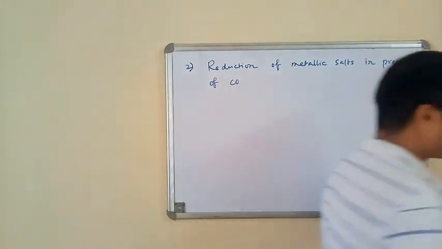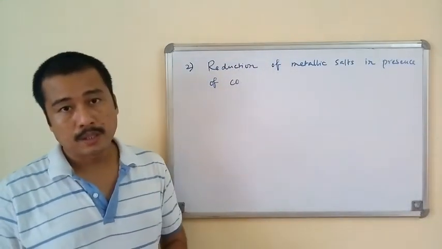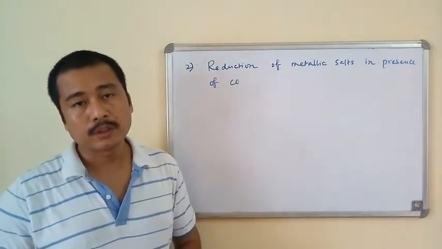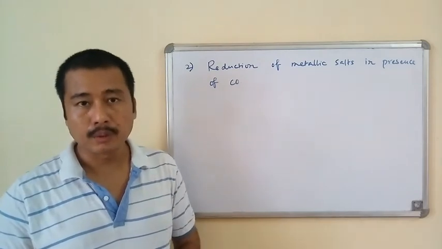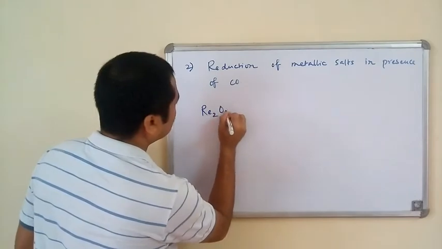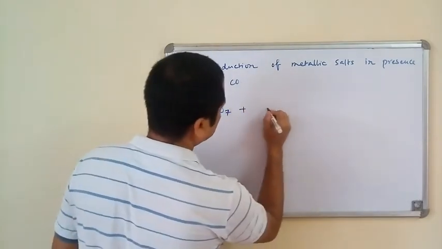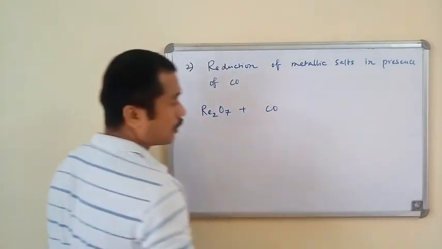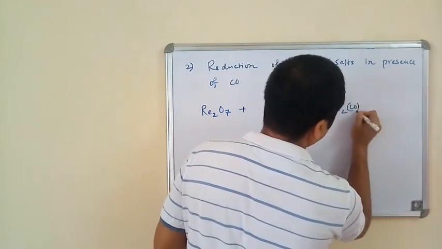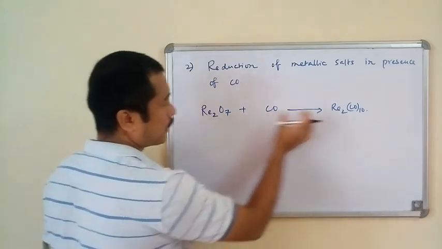Apart from this, carbon monoxide itself can be used as a reducing agent to reduce metallic compounds into a lower oxidation state and thereby form metal carbonyl complexes. An example is rhenium oxide, where rhenium is in plus 7 oxidation state. Reacting it with carbon monoxide results in Re2(CO)10, and rhenium is reduced from plus 7 to 0 oxidation state.